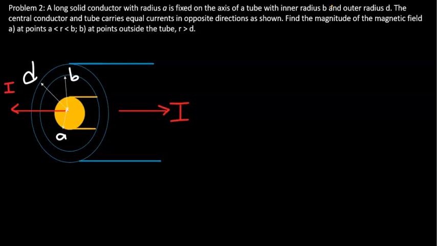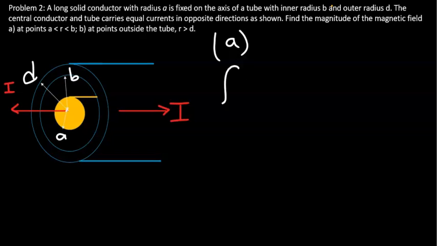Find the magnitude of the magnetic field at points between A and B. That means this region right here, the region between the solid conductor and the tube, and at points outside the tube, meaning in this region right there. So let's start with part A.